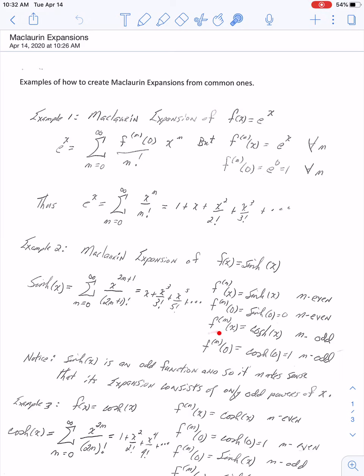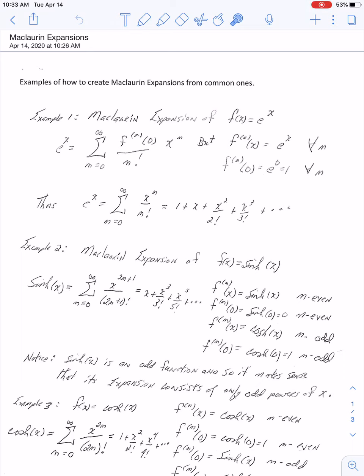So f upper n at 0, when n is odd, is just cosh 0, and cosh 0 is just 1. All right, so what does that do to the series? Anytime n is even, I get a value of 0. Anytime n is odd, I get a value of 1. So in this expansion, the only powers that are left are the odd powers. All the even powers go away because this constant is 0.